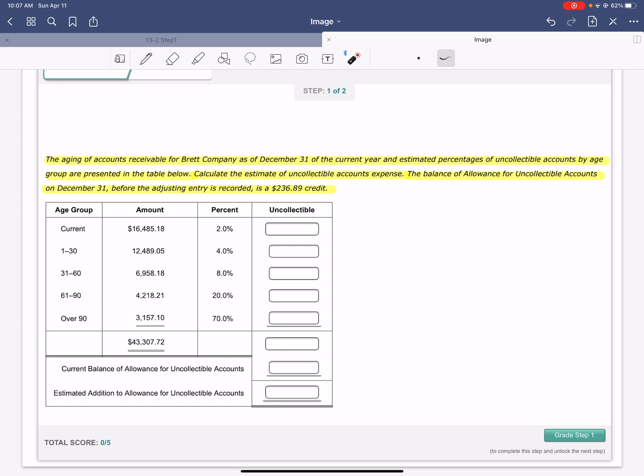So to figure out, the first one is our current of $16,485.18. They figure this current amount here, 2% will not be collected.